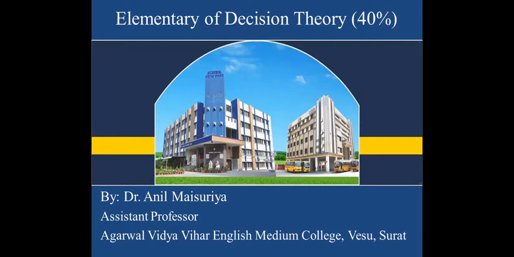Basically, the decision making under risk method is used when a decision maker has some information, and he can obtain some information from a private agency or by a survey.